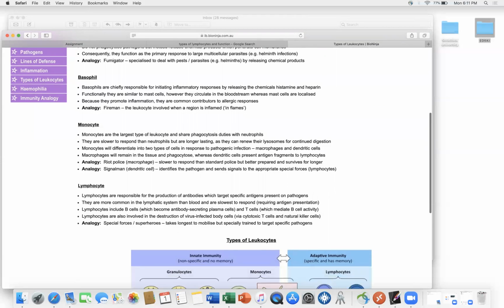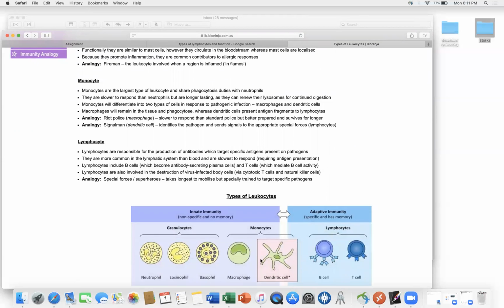Monocytes, we're talking about the largest type. Remember, the macrophages, they're large. Phage, meaning they eat. So their main responsibility is phagocytosis, right? And they have this little analogy here, like the signal man. This is a dendritic cell, what they call an APC, or an antigen presenting cell.